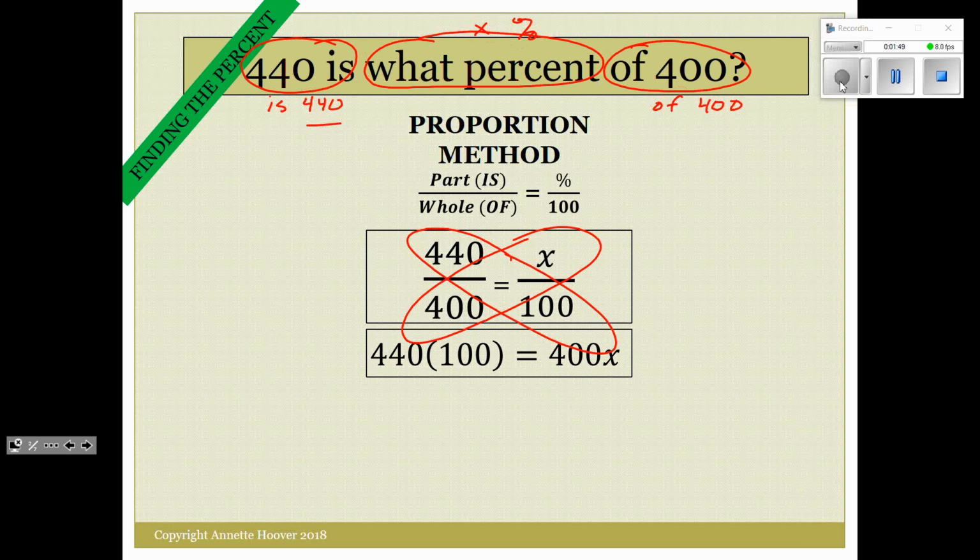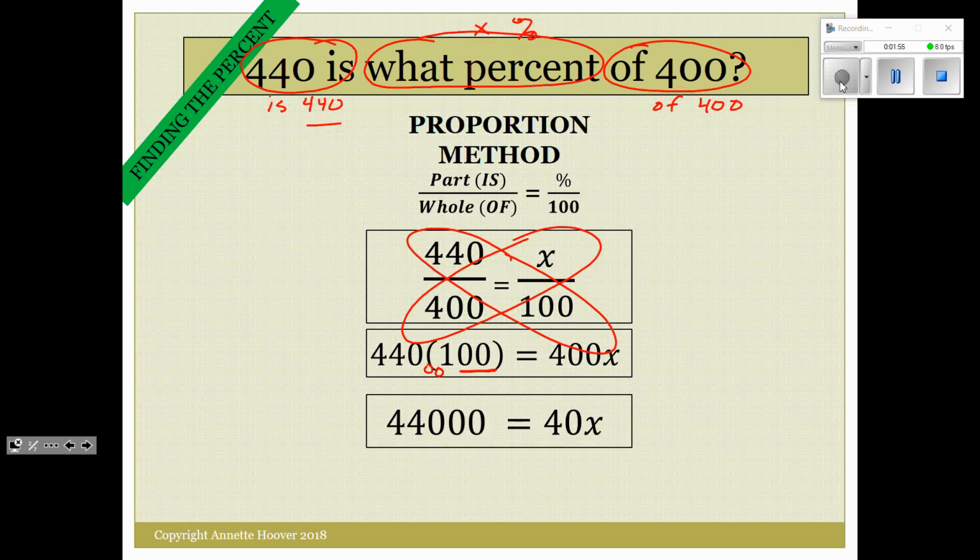Now when we do the multiplication, to multiply any number times 100, you just add two zeros to this. So that would be 44,000 on one side. And on the other side, that should say 400x, and my PowerPoint is wrong. Then we're going to divide, so you divide both sides by 400, and when you do that, you get 110%.